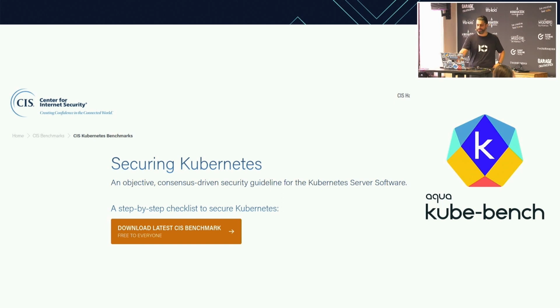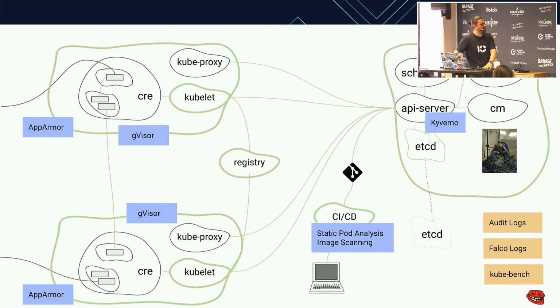When you run it, you will see a list saying, okay, this file has wrong permissions, or you are allowing connections without authentication, etc. That sort of stuff. So it's always good to get some report about your cluster.